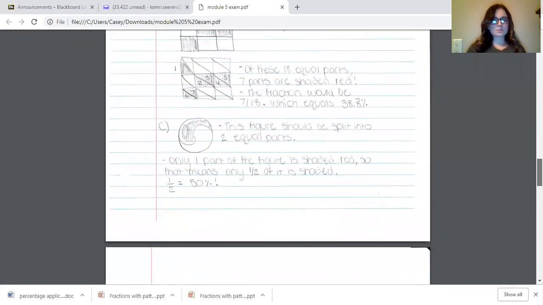And for C, this figure should be split into 2 equal parts. Only one part of the figure is shaded red, so that means only 1/2 of it is shaded. 1/2 is equal to 50%.